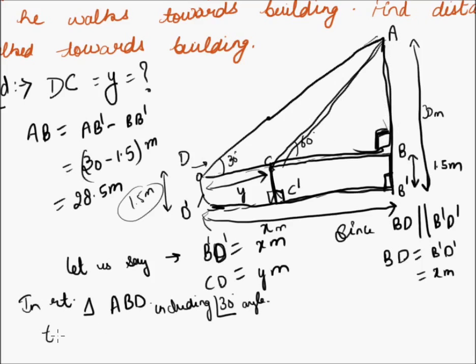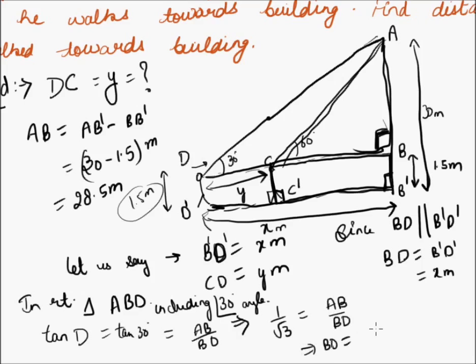Thus tangent of the angle D, that is tangent 30 degree in right angle triangle ABD, is AB over BD. Now tangent 30 degree is 1 by under root 3, which is equal to AB over BD, or we can say BD is AB under root 3.